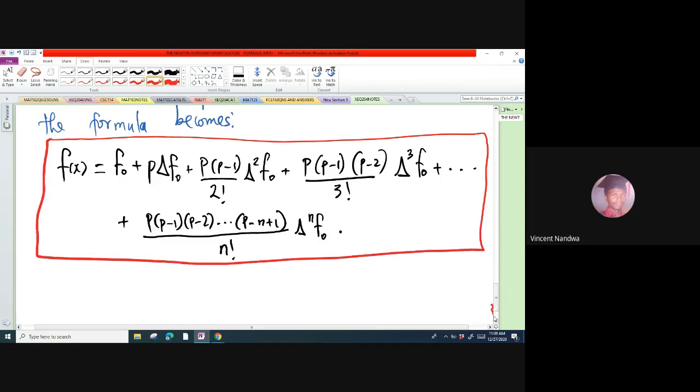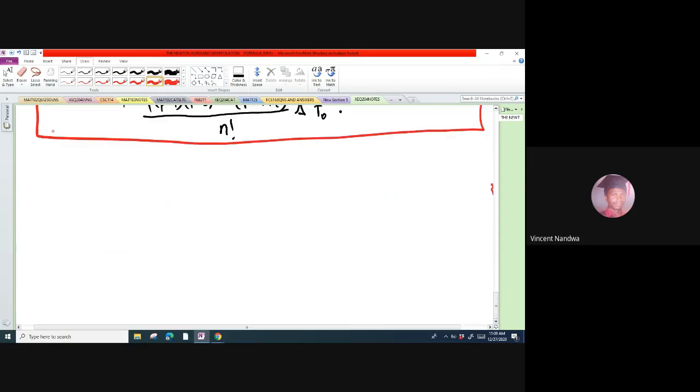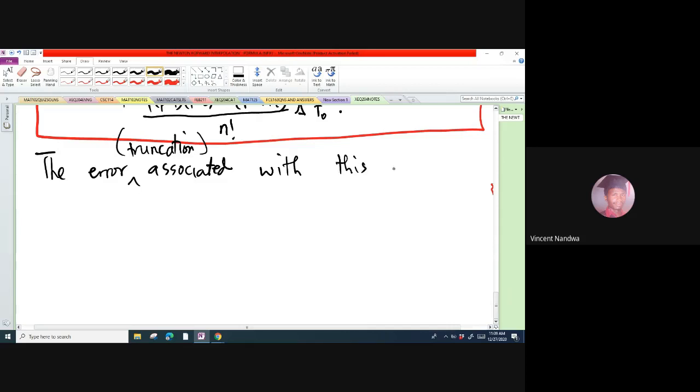Point number 2, the error associated. So when you say the error, you simply mean the truncation error associated with this approximation.